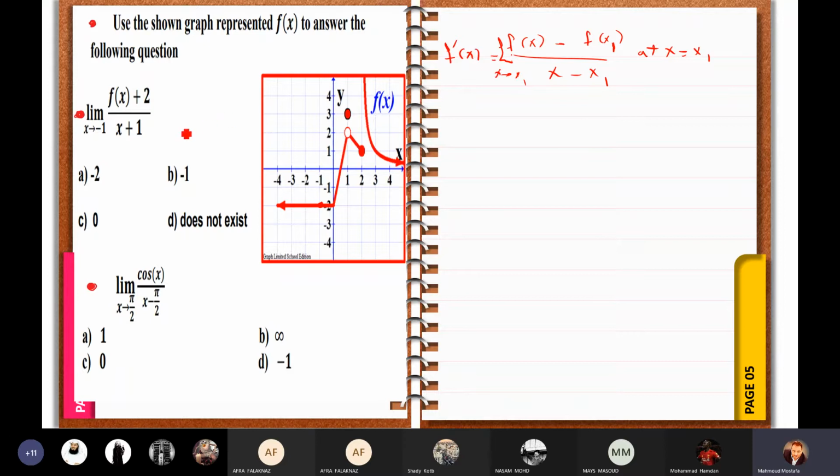So can we put this one in the same form? Yes, look here. We have f of x, correct? Then 2, look here, 2 is what? F of what? F of 1, right? 2 is f of 1, minus f of 1.